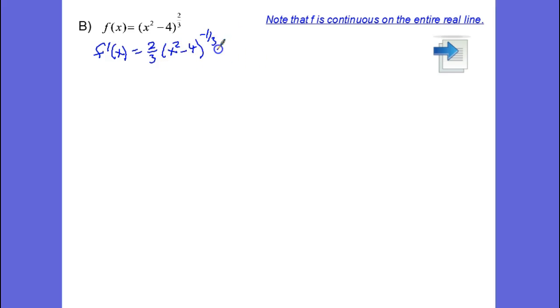Now chain rule, 2x is the derivative of x squared minus 4. And let's rewrite this. This will now become 2 times 2 is 4x on top. On the bottom we have a 3, and x squared minus 4 to the positive 1/3, that's the cube root of x squared minus 4.